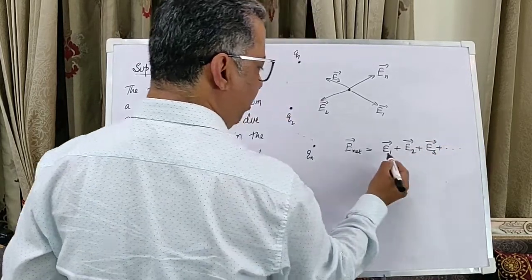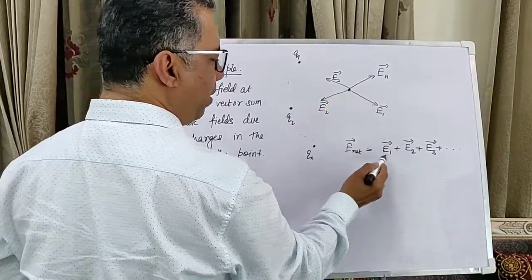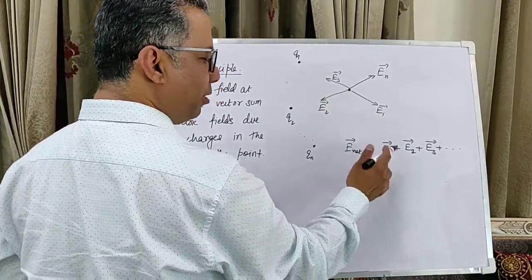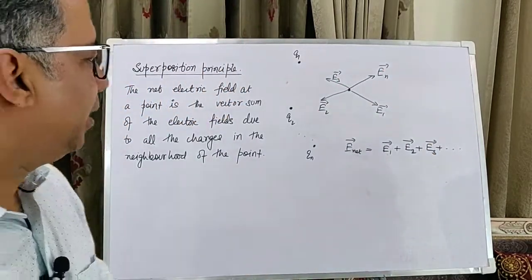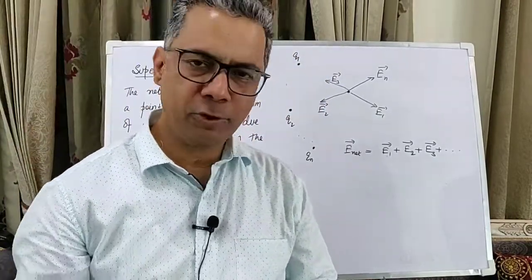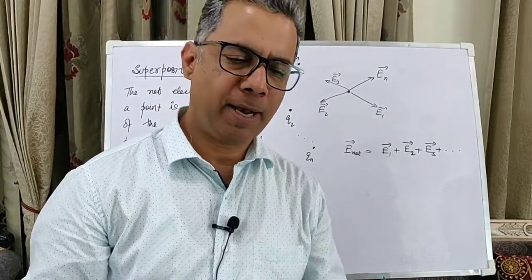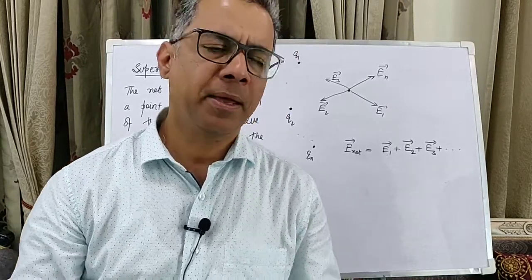Remember, the individual electric fields due to individual charges are independent of the presence or absence of other charges in your given neighborhood, and that's the concept of superposition principle applied to electric fields and electric field intensities.